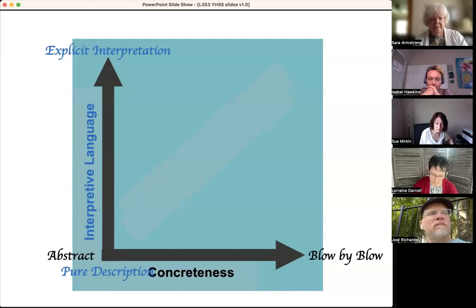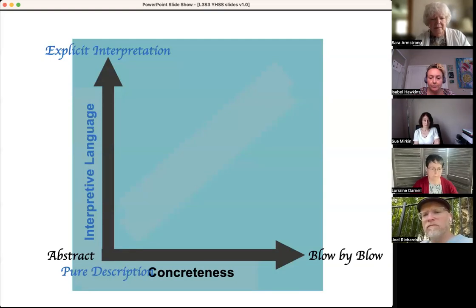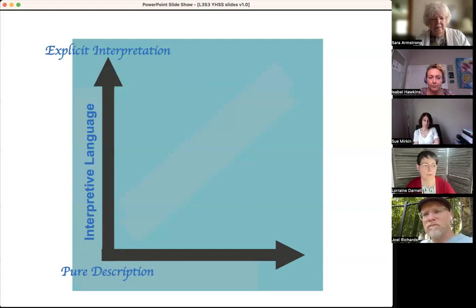So we're drawing it so the blow by blow is on the right, and abstract is on the left. So blow by blow is anywhere on the right-hand side, abstract is anywhere far on the left-hand side, but with interpretation, if you go higher, you're getting more explicit interpretation.